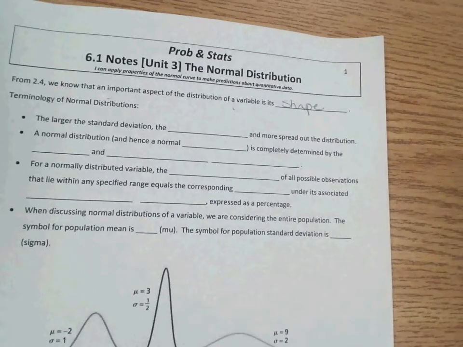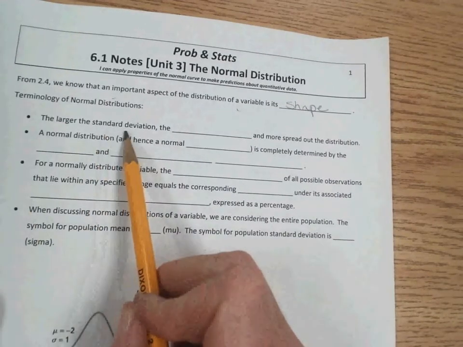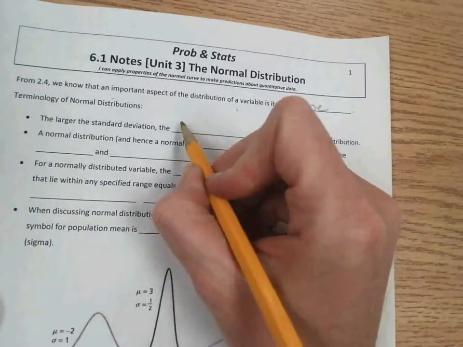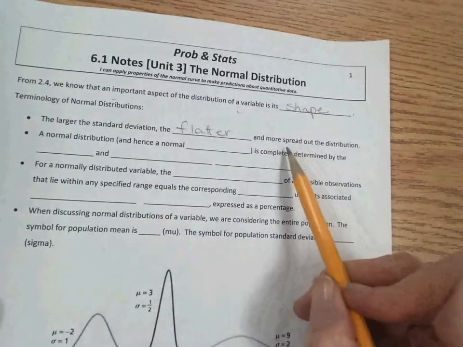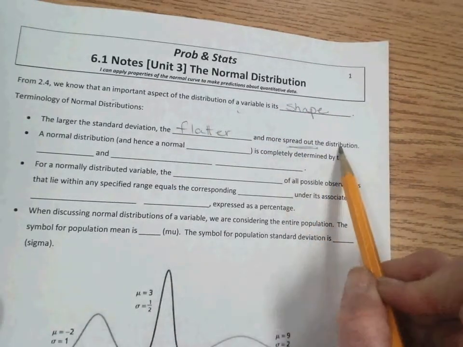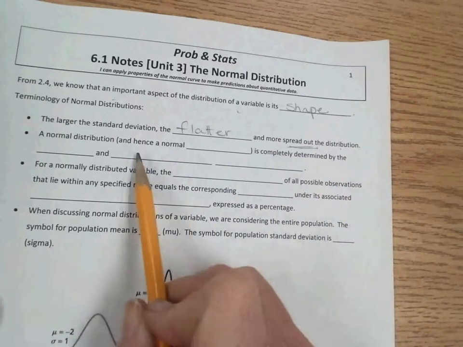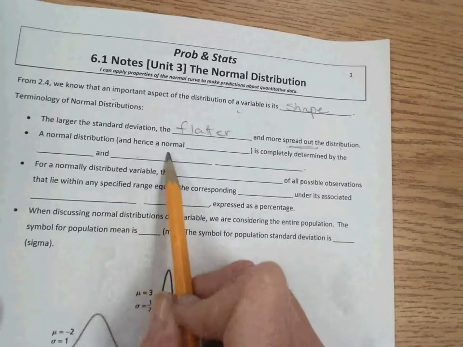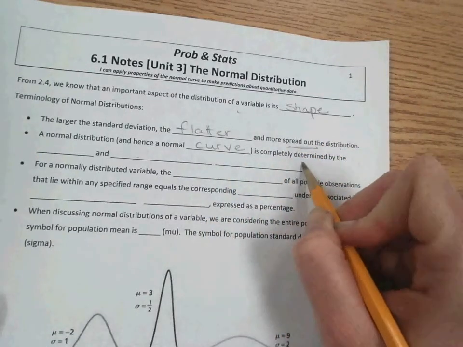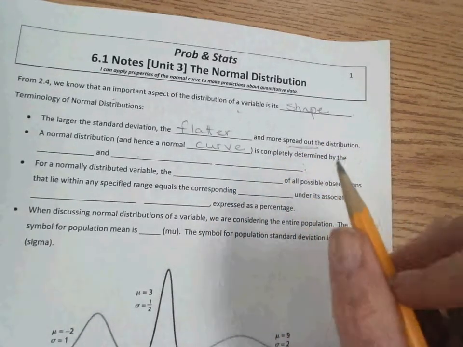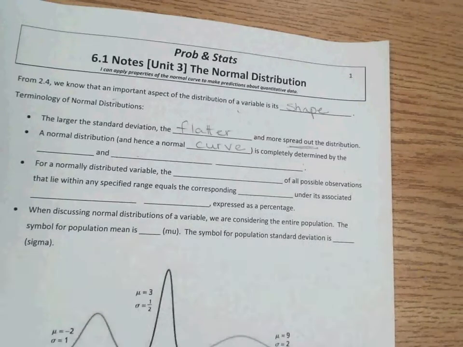So the terminology of normal distributions: the larger the standard deviation, the flatter and more spread out the distribution. A normal distribution, and hence a normal curve, is completely determined by two things. It's the same things you used on Wednesday with the empirical rule.